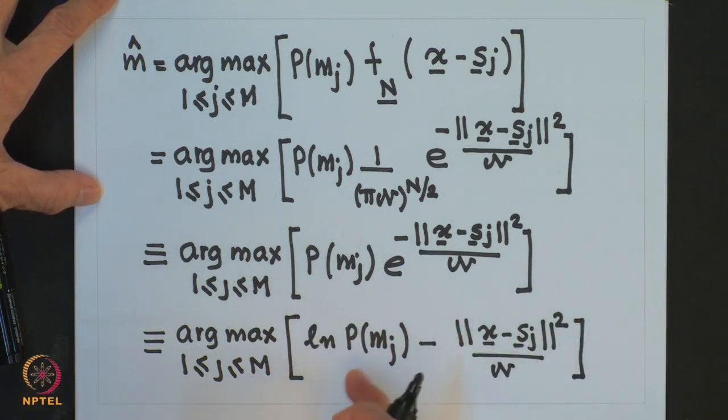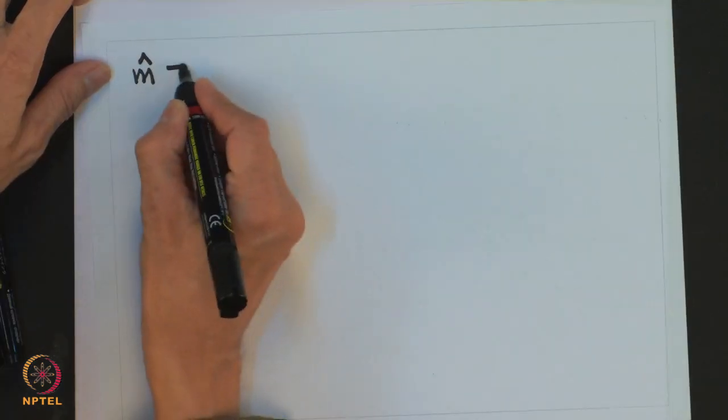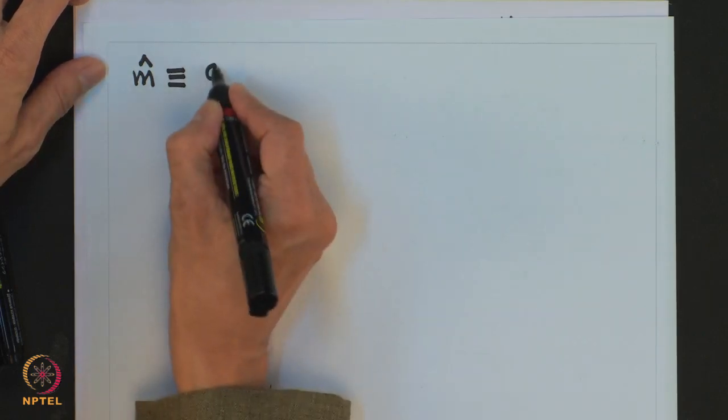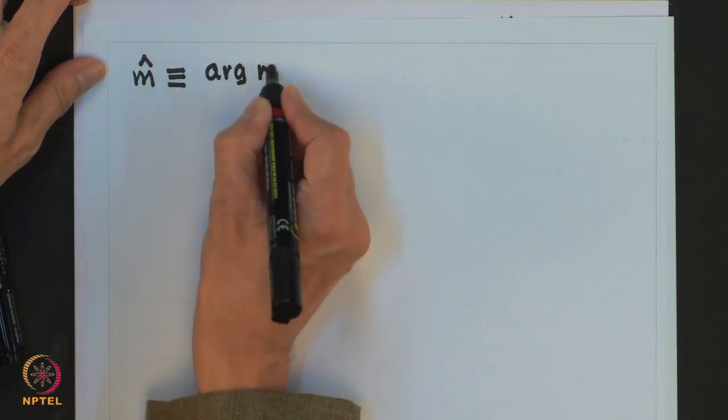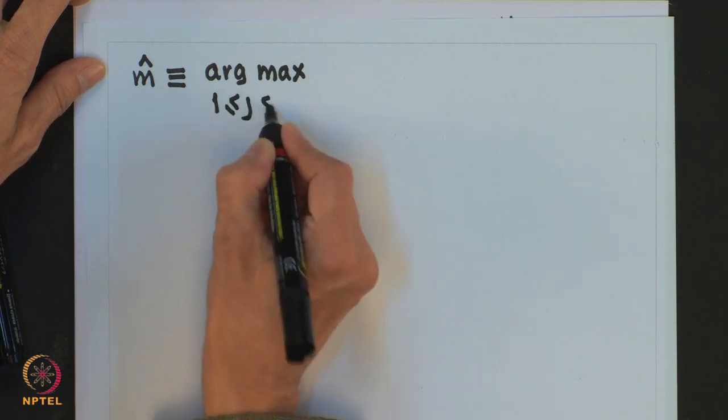This expression can be rewritten by multiplying this term by N_0/2. If I do that, my decision rule gets modified to this expression.